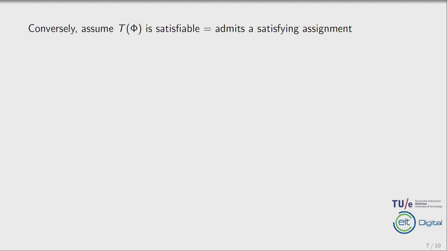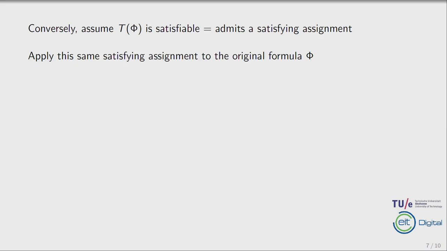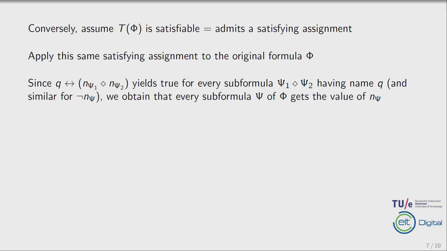So satisfiability of φ implies satisfiability of Tφ. Conversely, assume that Tφ is satisfiable, that is, it admits a satisfying assignment. Now we apply the same satisfying assignment to the original formula φ, in which only the original variables occur and not the extra variables. But since Q ↔ n(ψ1) ◇ n(ψ2) yields true for a subformula ψ1 ◇ ψ2 having name Q, we obtain that every subformula ψ of φ gets the value of n(ψ), and the same for ¬ψ.